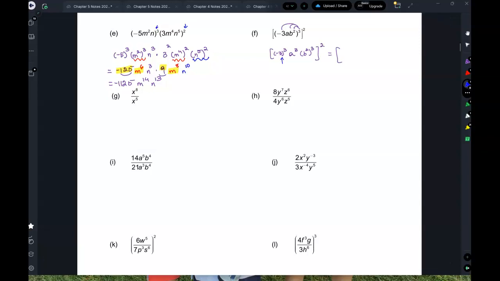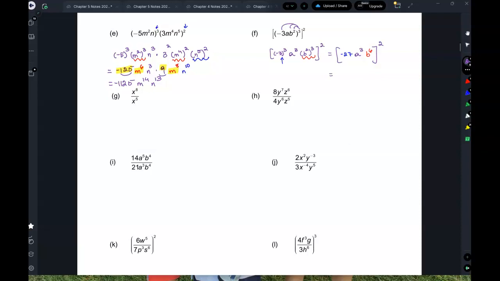So what is the negative 3 going to turn into? Negative 3 cubed. Negative 27. Okay. Then I have an a cubed. And here, look, b squared to the power of 3. I multiply those exponents, so it's b to the 6. And I still have a 2 out here.